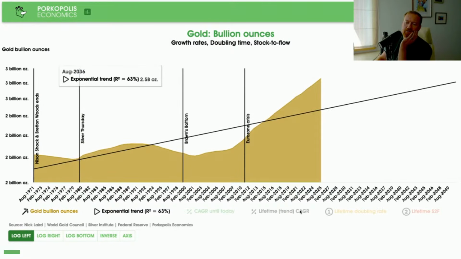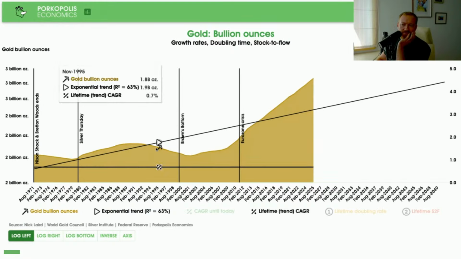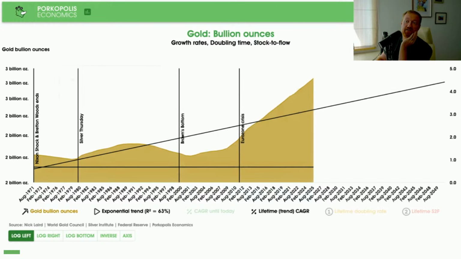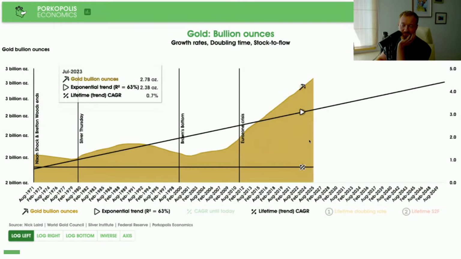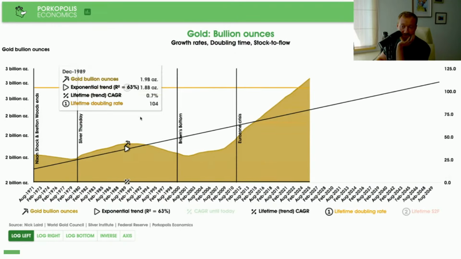Anyway, lifetime CAGR, 0.7%. Okay, it's grown faster recently, but since 1971, it's overall slower. It is growing faster recently than actual all-time ounces coming out of the ground, which is very specific and very precise. Doubling rate, 104 years, a 104-year doubling rate for this.